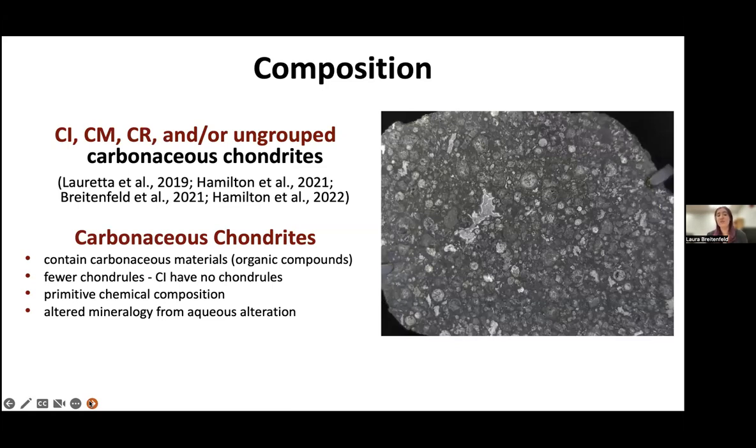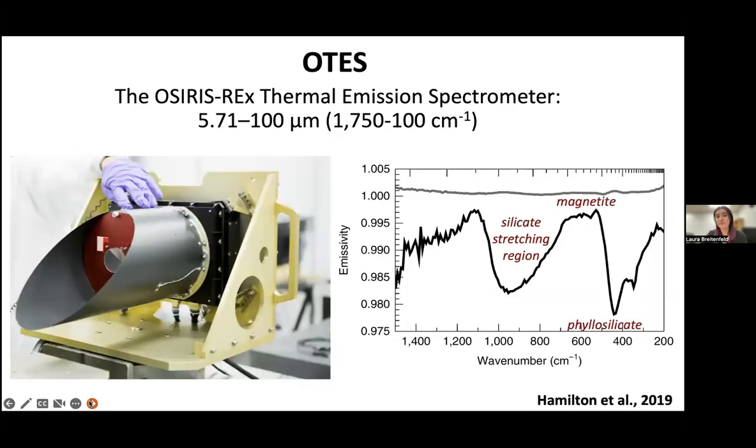It has few or no chondrules in it, these millimeter-sized globules of refractory silicates, and it is primitive in nature. These materials are really important for studying early solar system materials and early solar system processes. And then we know that the minerals that compose these materials have been altered by aqueous alteration.